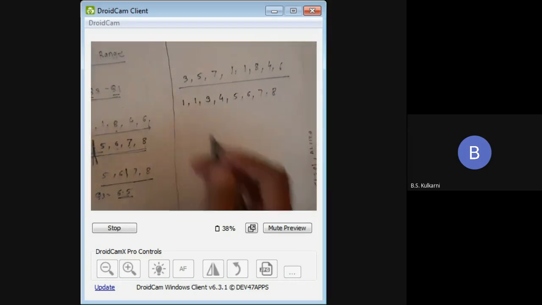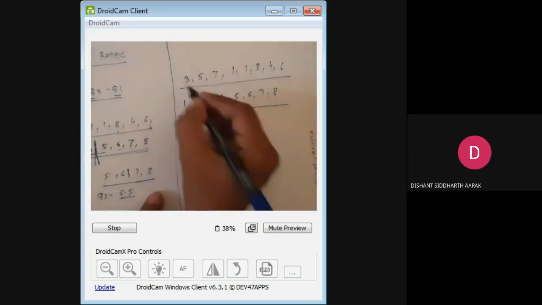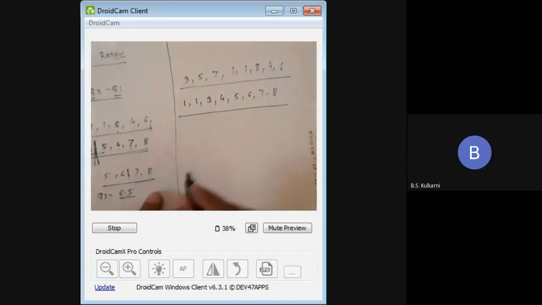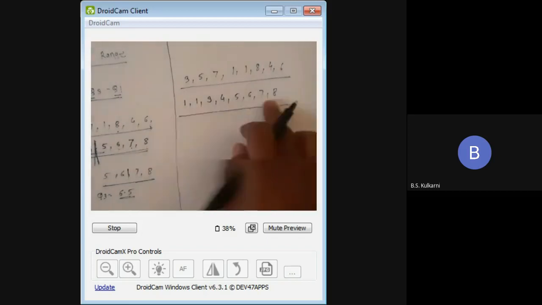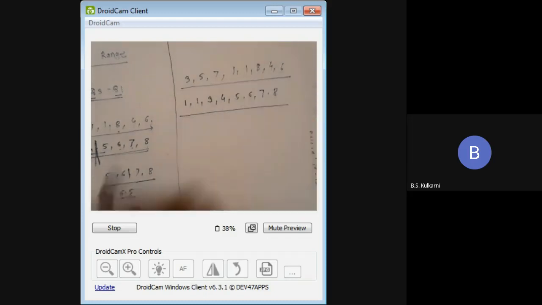Up to this state, everyone is clear? Yes, sir. Now, find out the median of the given series. Median कहाँ पे आएगा?